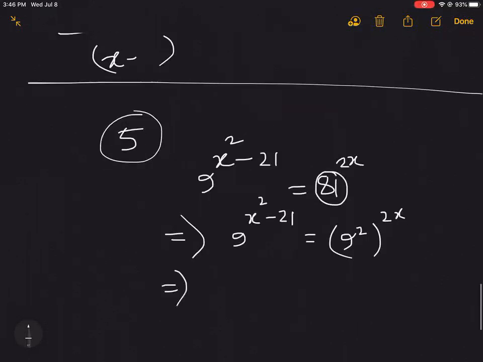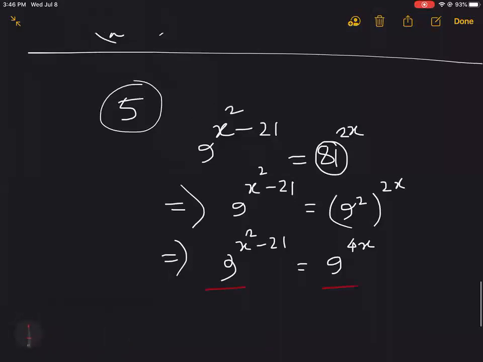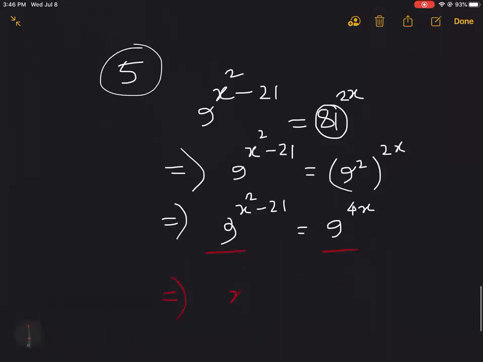So that means if I simplify it, as you can see, it does look complicated, but it's actually easy. Once you start doing this, you can see now we can actually see the base is the same. So we can set the exponents equal to each other.